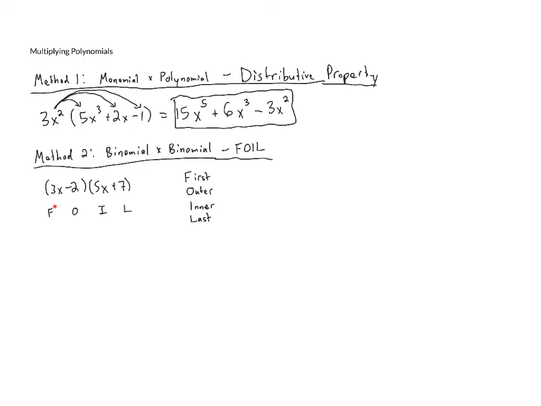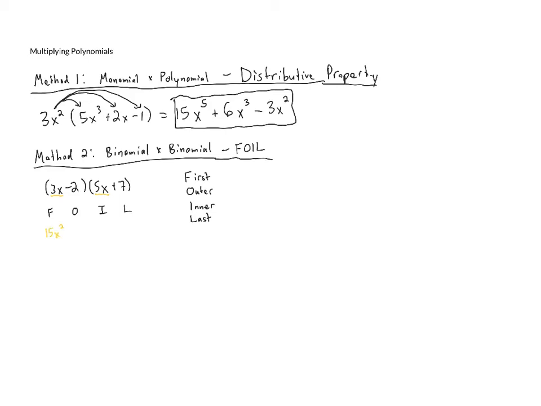So we start with F for first. What that means is that we have to multiply the first terms in each polynomial. So in this first one, the first term is 3x. In the second one, the first term is 5x. So when we multiply 3x times 5x, we get 15x squared.